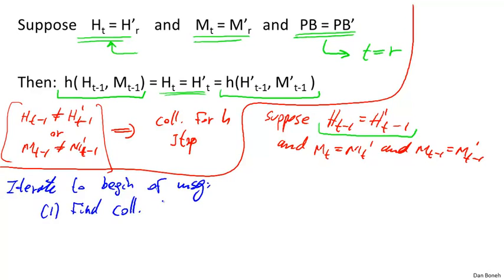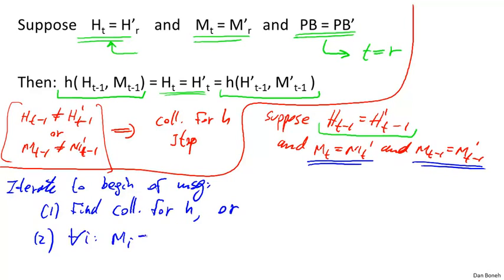Either we find a collision for the compression function, or it so happens that all the message blocks of m and m prime are the same. In other words, for all i, mi is equal to mi prime. But this means, because we already proved the messages are the same length, that m is actually equal to m prime. But then this contradicts the fact that you gave me a collision to begin with.